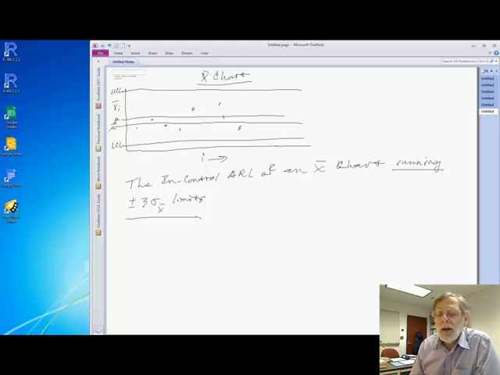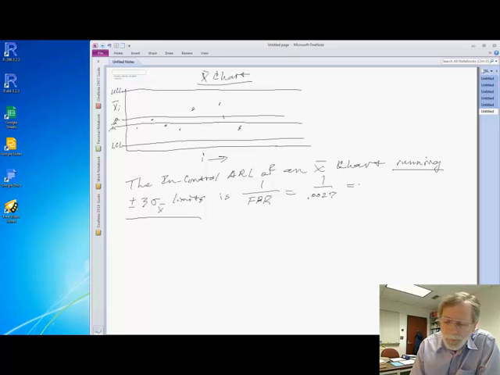It is 1 over the false positive rate, which in this case is 1 over 0.0027, which if you crank that out on your calculator, you'll get 370.